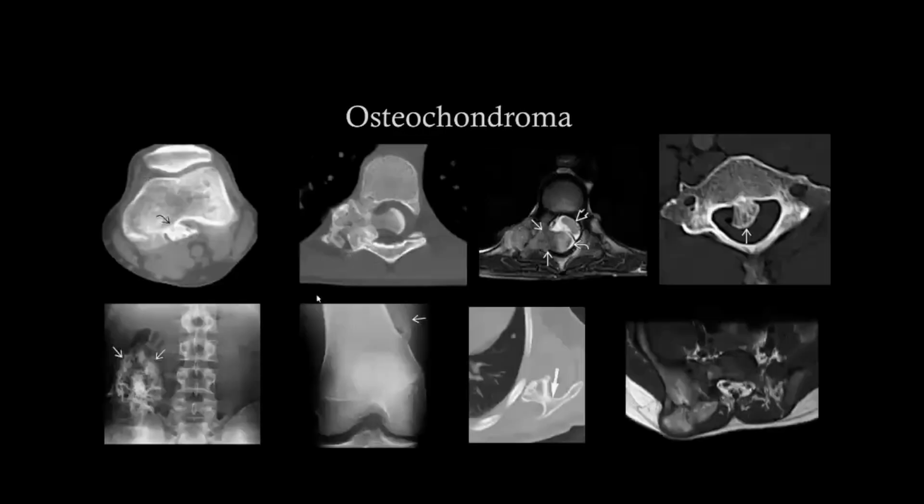Here are other examples of osteochondroma. Here in the spine it is very painful and can cause neural compromise. These examples are in the iliac and sacral bone, in the scapula and in the distal femur, and here in the ilium. But take care because this could be associated with secondary chondrosarcoma.